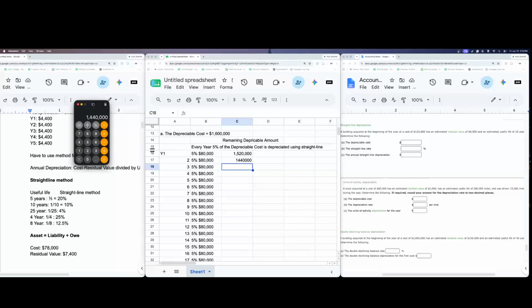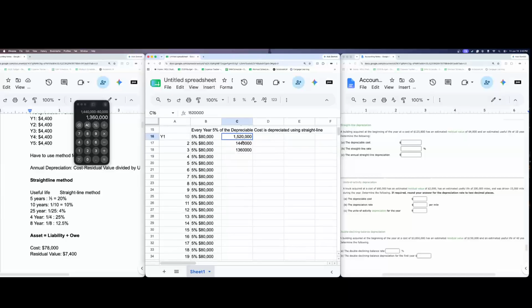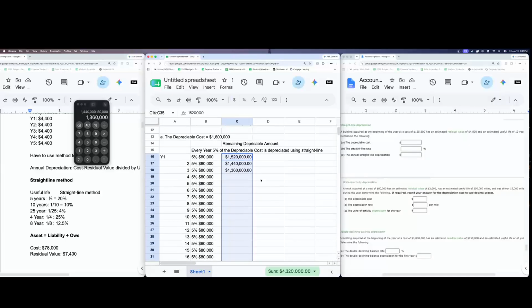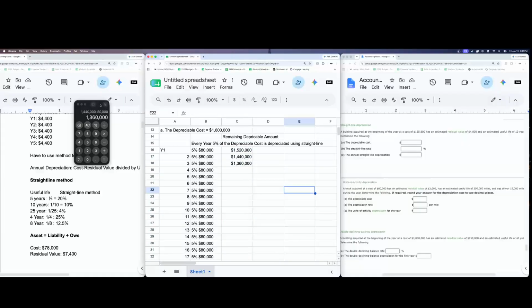Minus 80,000, 1,360,000. Minus 80,000, 1,280,000.